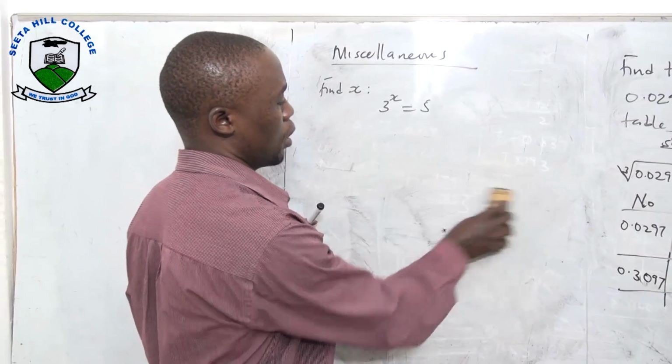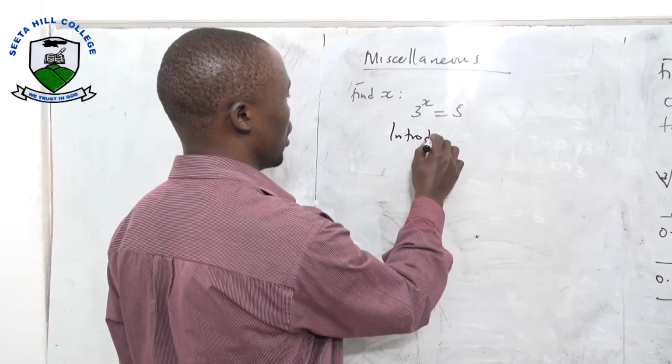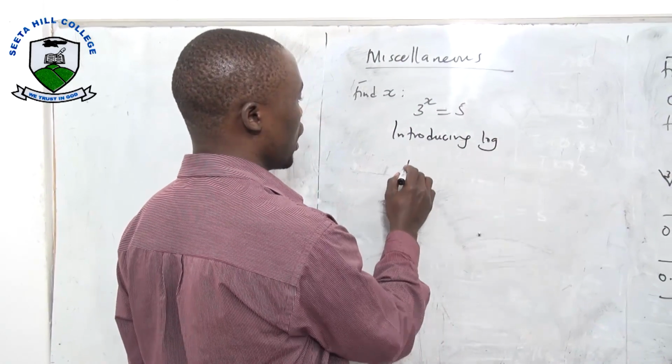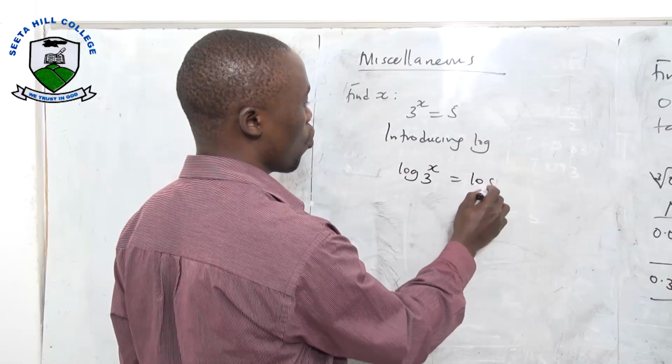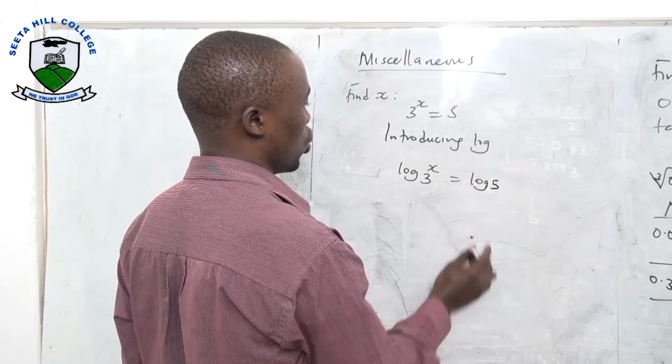We introduce logarithms on both sides. So log of 3 to the power x is equal to log of 5.